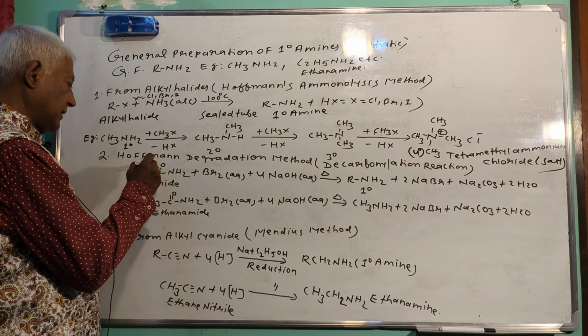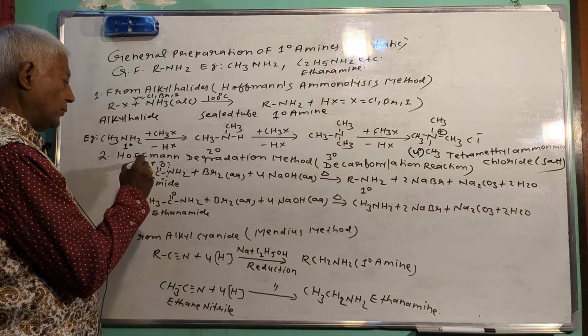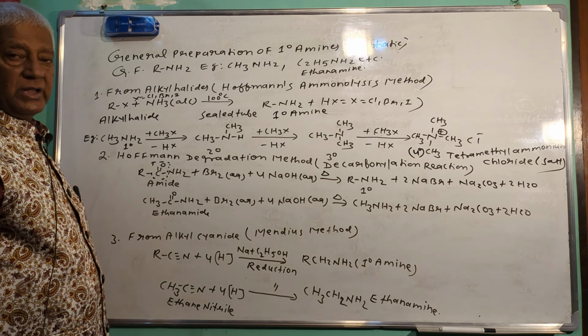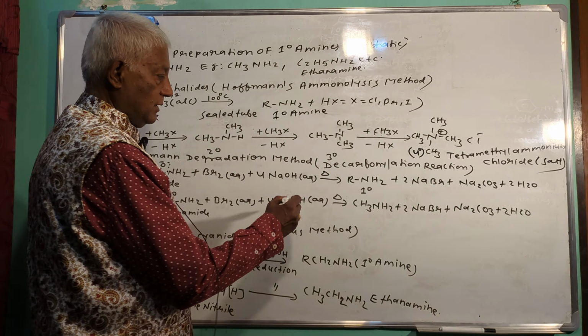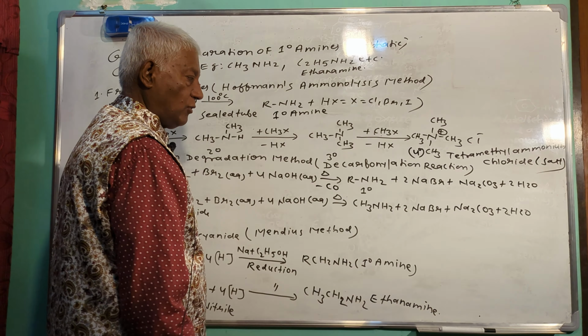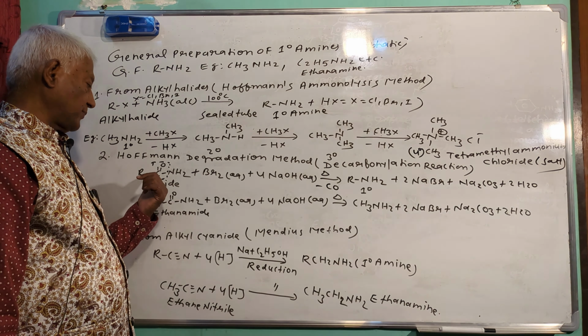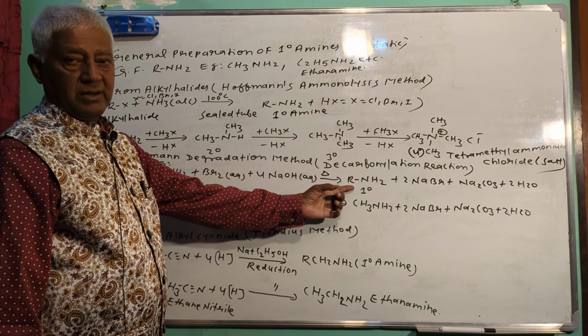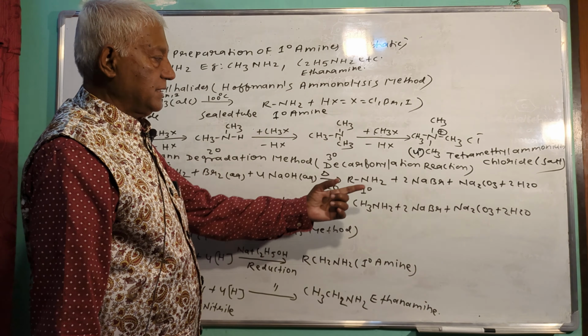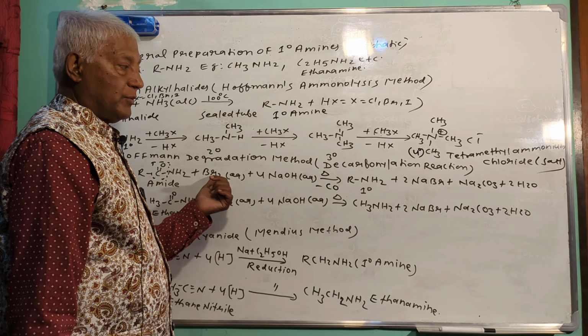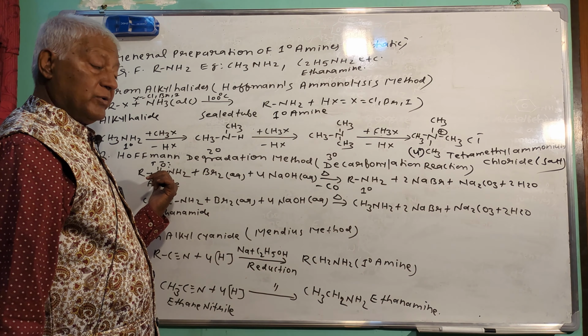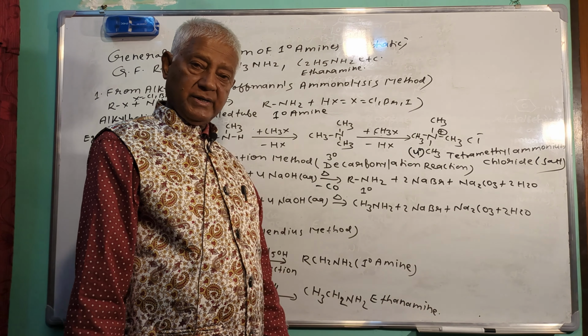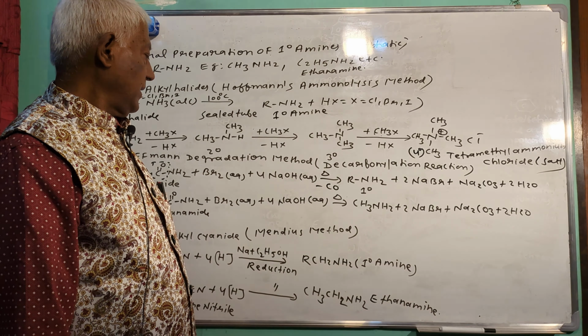So what happens over here? The CO group, the carbonyl group, is removed from the amide, and the remaining is RNH2. The other products are sodium bromide, sodium carbonate, and water. Very important.